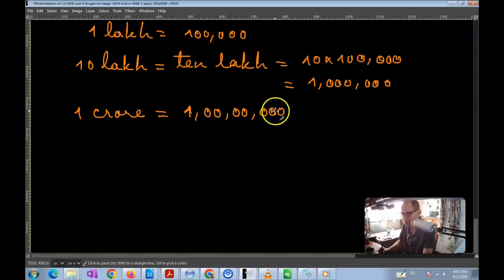So that's 1 crore, and you see that it's the same thing as 10 million. In the English system we write it as 10 million. So it's the smallest 8-digit number, right?